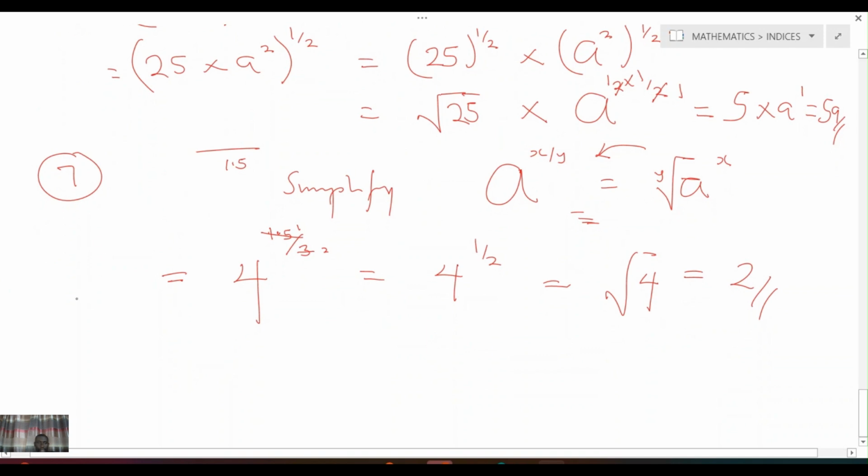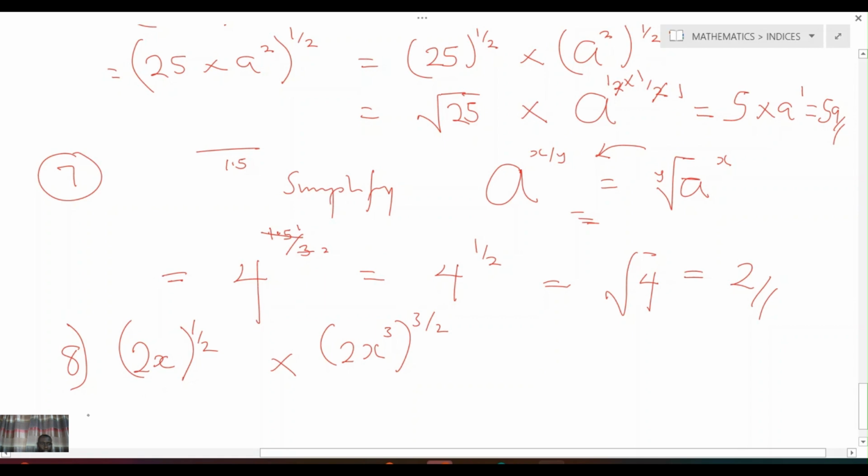Let's look at number 8, which is 2x raised to power 1 over 2 times 2x raised to power 3, everything raised to power 3 over 2.